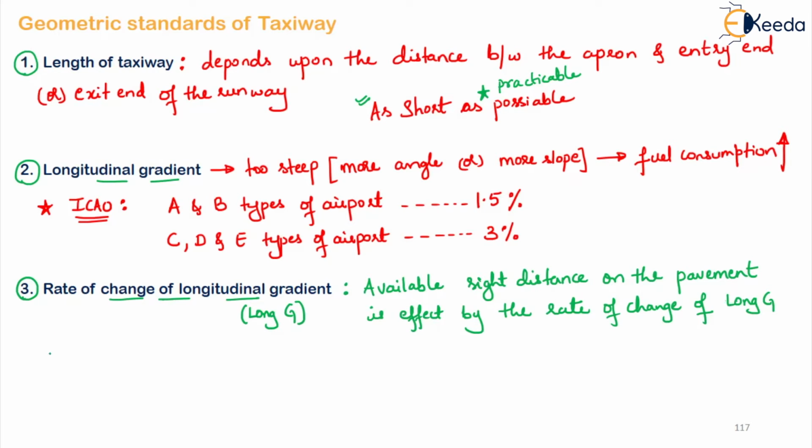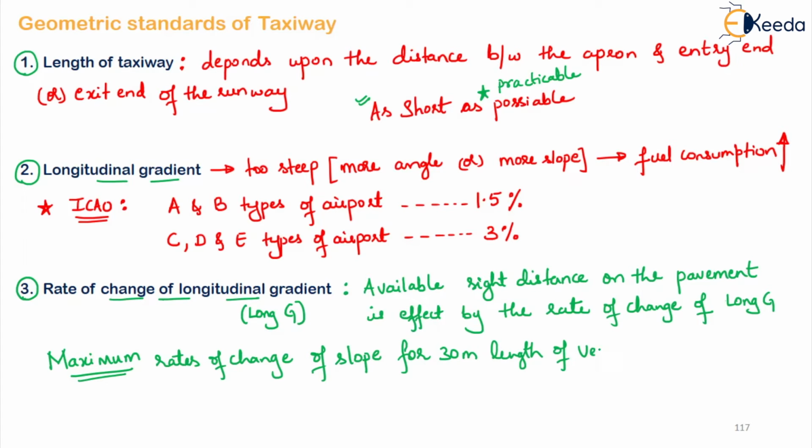So there is a maximum which is fixed. More than this you are not allowed to give. The maximum rate of change of your slope for 30-meter length of vertical curve, which is recommended by ICAO, is as follows.